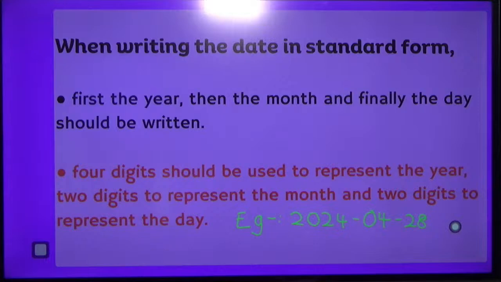Right, okay. I think you have written down the example also. Right, do you need more time? Alright.